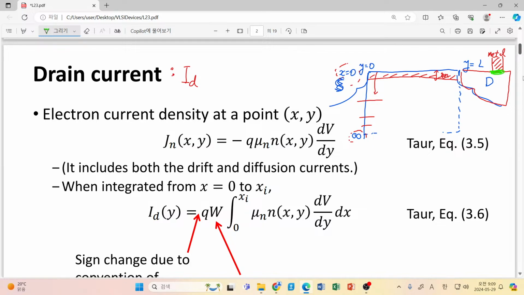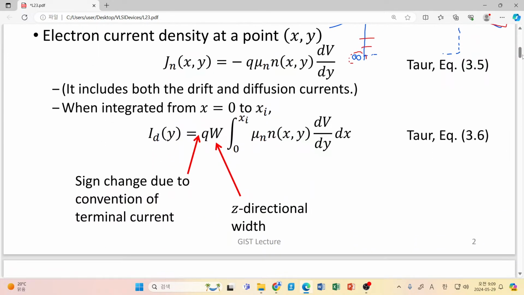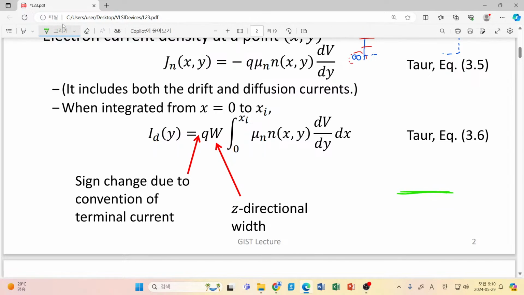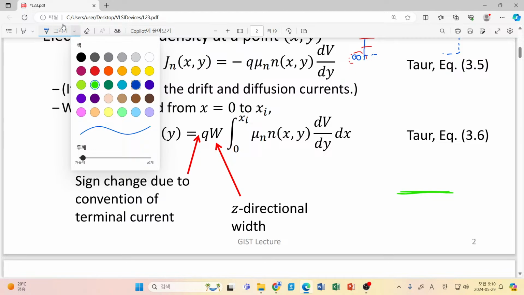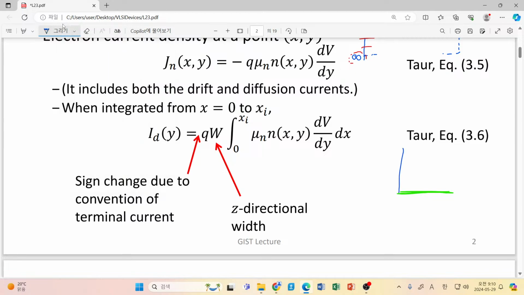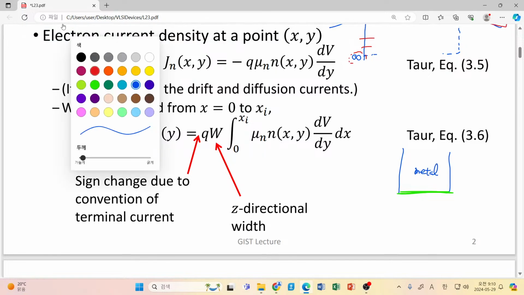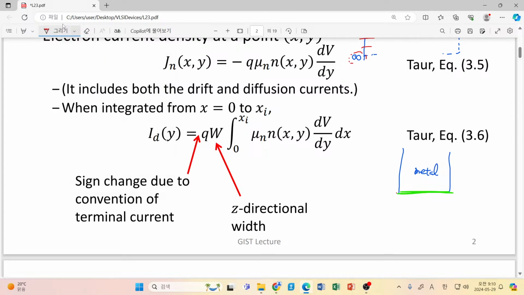Let me magnify the view over this graph and draw it here. Here we have this contact, which is metal, and beyond that we have an n plus region called the drain region.